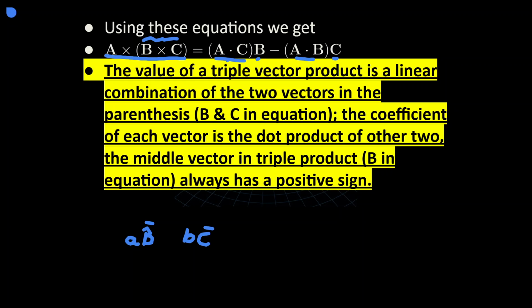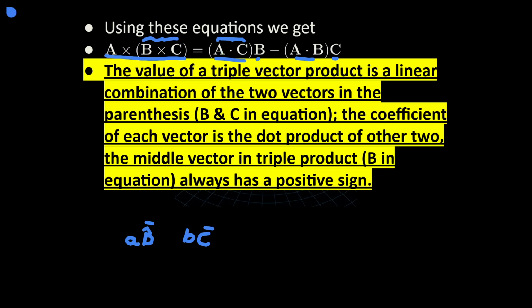If you notice, before B it is A dot C. What is A dot C? The dot product of two vectors, the result is a scalar. So A dot C is a scalar. A dot B is also a scalar.